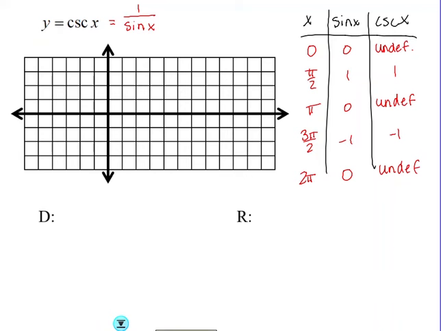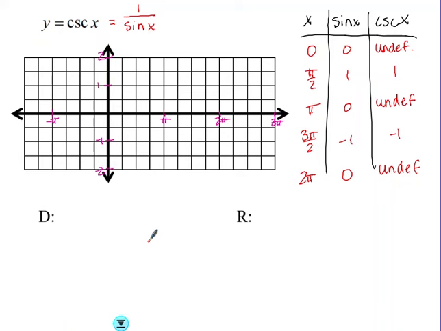We're going to label our axes the same way we have for all of the other trig functions. So let's plot what we have.